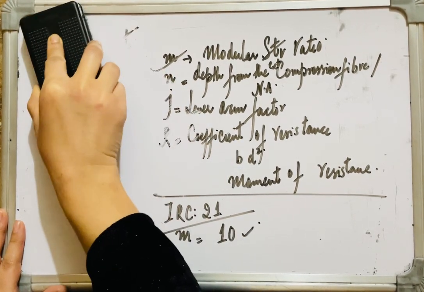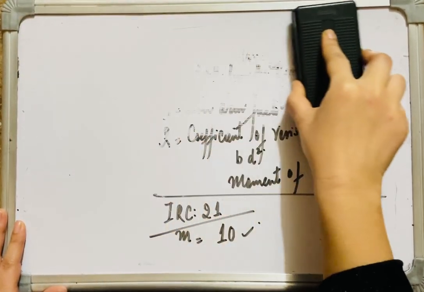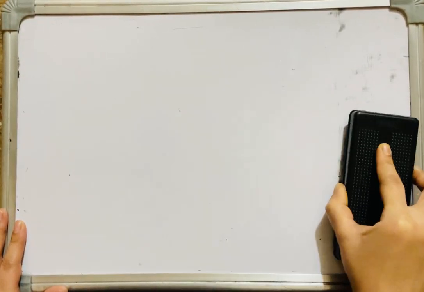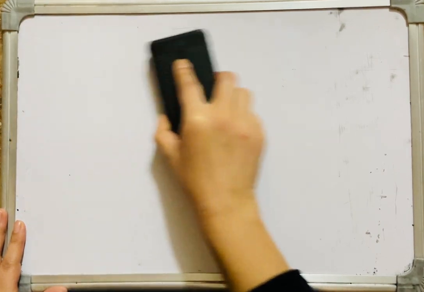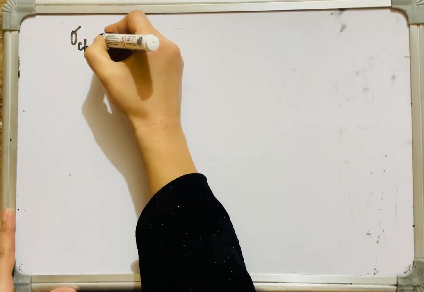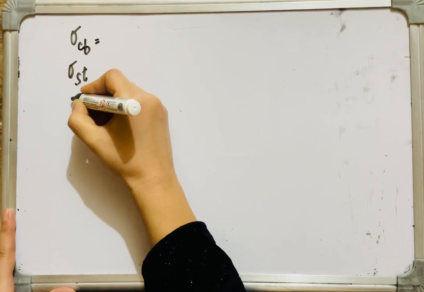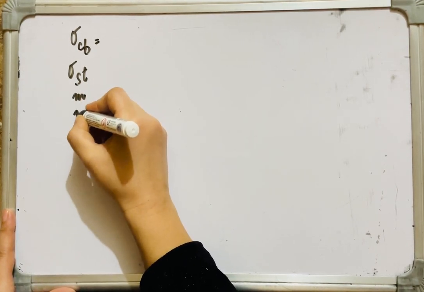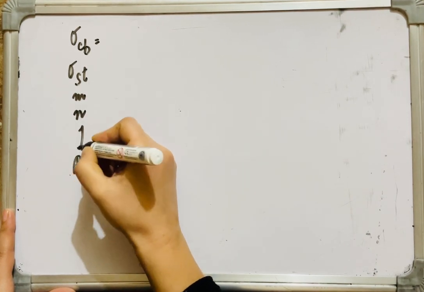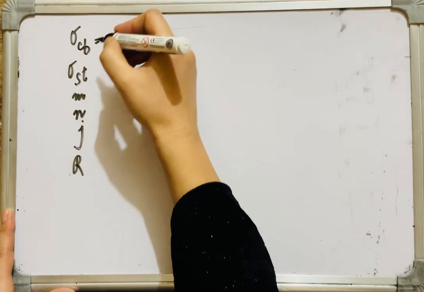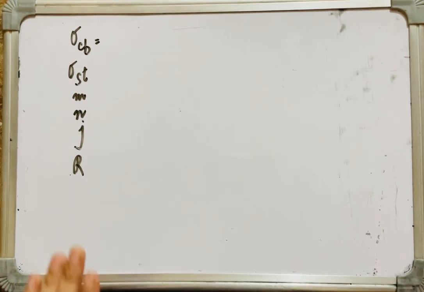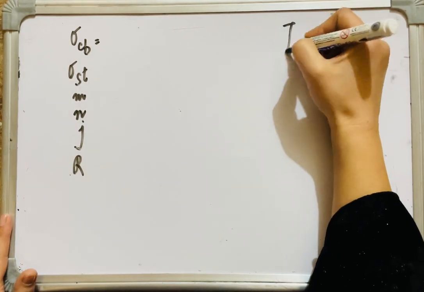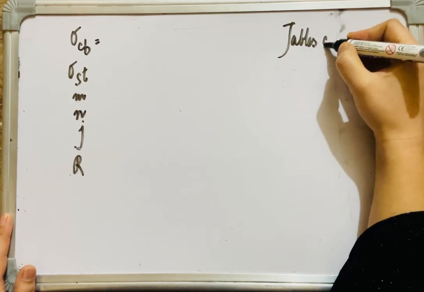It was given in the question's data itself that you have to use M25 grade of concrete and Fe415 bars. As per IRC tables, all my values are available. M we take as 10, then M, N, J and R, which some books write as Q, B, sigma CBC for these values. Now where do we get these values? These are from the tables of IRC.